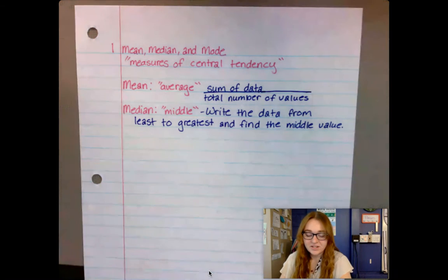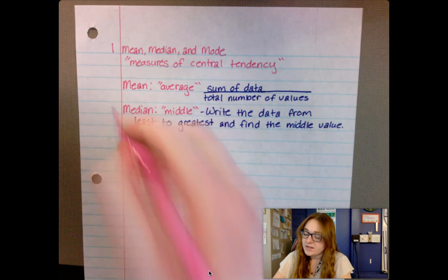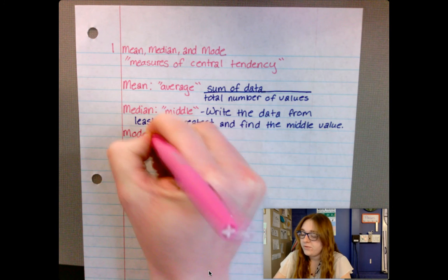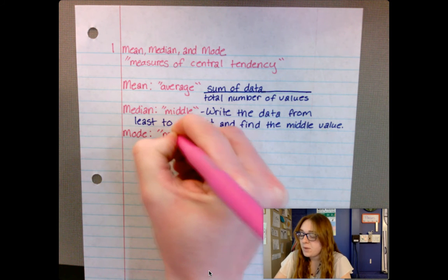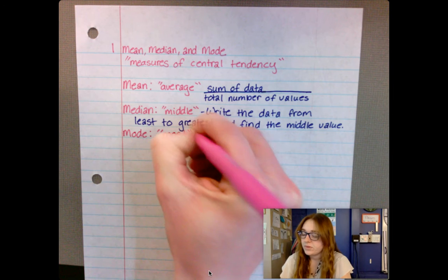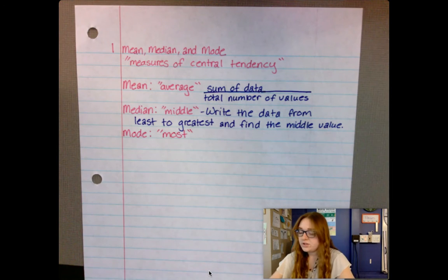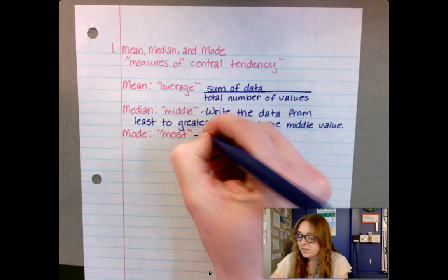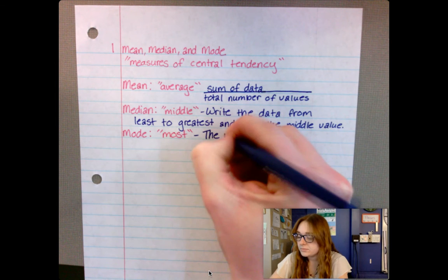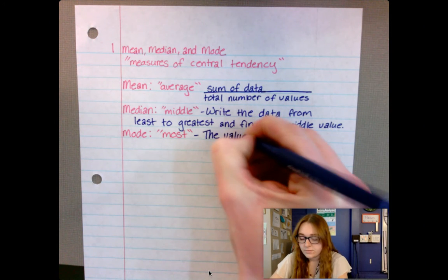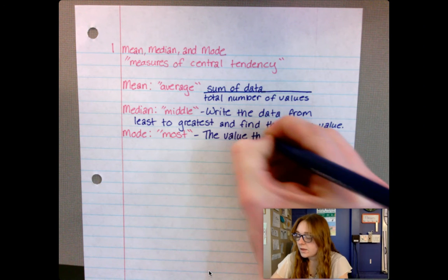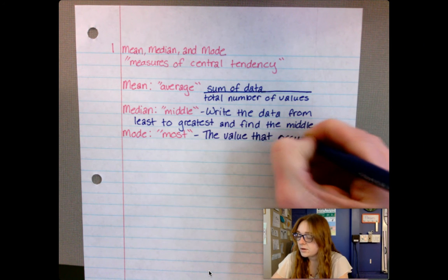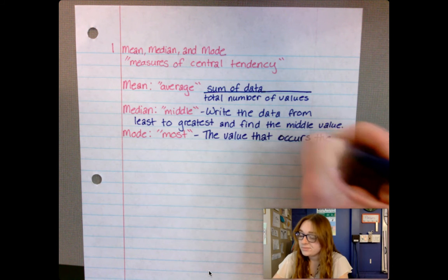And our last definition for right now is mode. And our code word for mode is most. To find our mode is pretty simple. It is simply the value that occurs the most.